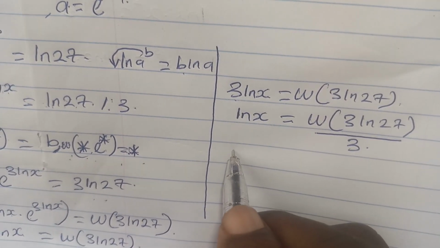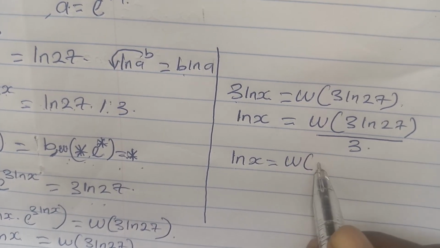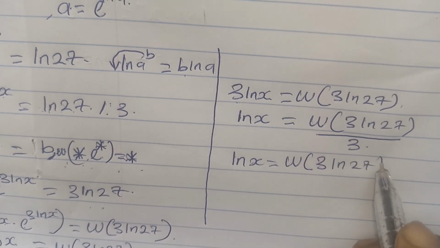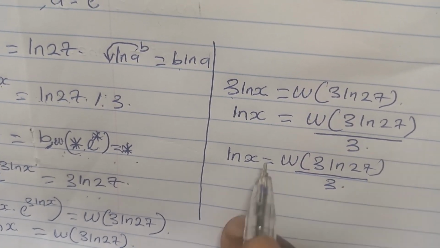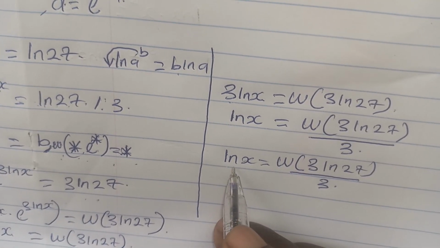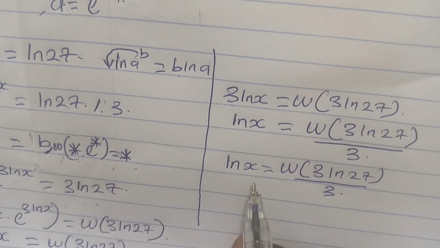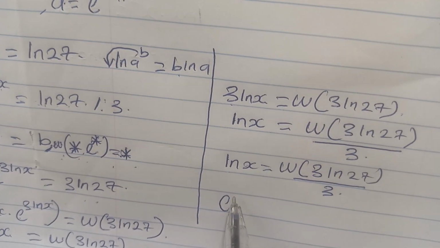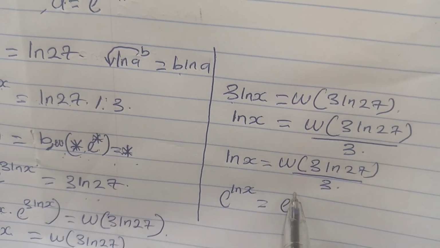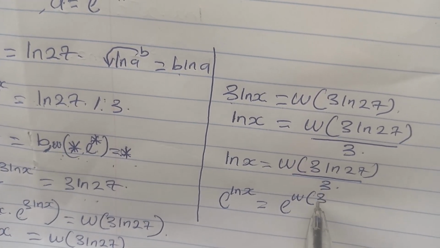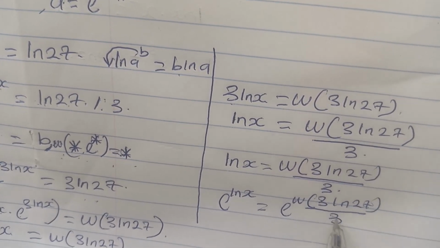So we can say ln x is equal to the Lambert W function of 3 ln 27 over 3. Okay, so we are now having this. We want to look for the value of x. So if we want to look for the value of x, we can take the exponent of both sides. So we have e to the ln x is equal to e to the Lambert W function of 3 ln 27 over 3.